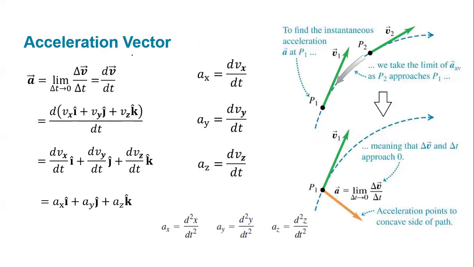The same also goes for the acceleration vector. This is just the derivative of your velocity vector with respect to time. If you expand this, you will have the three components: dvx over dt i hat, dvy over dt j hat, dvz over dt k hat. So, for example, your x acceleration is equal to dvx over dt.